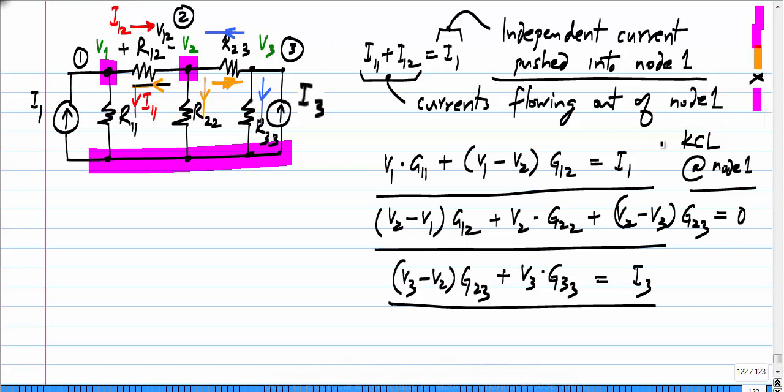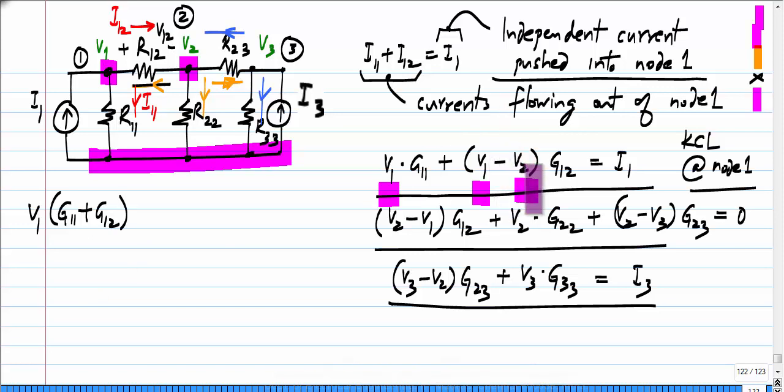Now, I will rearrange these into a nicer form. What I will do is, I will collect terms containing a particular voltage. Okay. That is V1, I collect all of the terms containing V1. In this case, I have V1 times G11 here and V1 times G12 over there. So, I will write V1 times G11 plus G12, and I will take the terms containing V2.